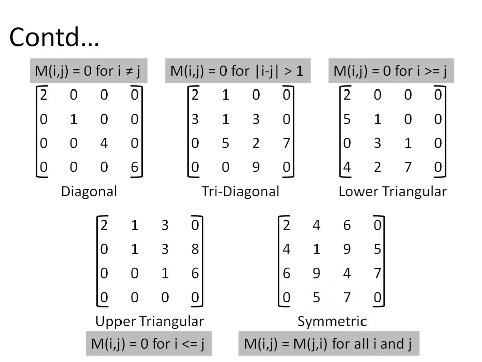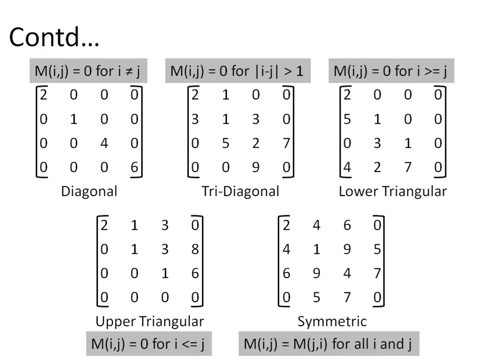By knowing these properties, one may try to efficiently store these matrices in linear space complexity instead of the complexity of order of n square. To store a two-dimensional square matrix, we have to declare an array of size n cross n.